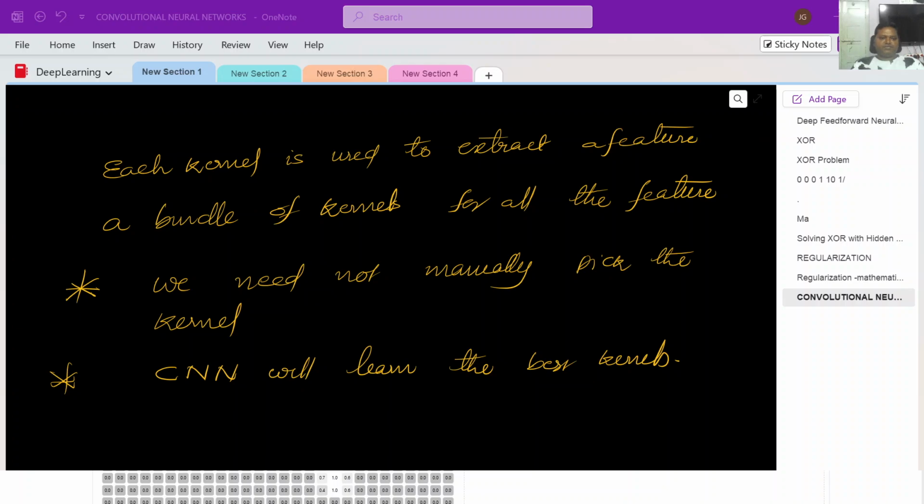Now then the second row, and as it does, what will happen? It is detecting the right edges. You can see that it is detecting all the right edges.